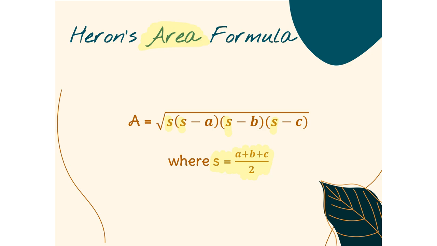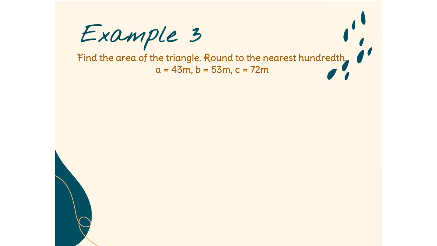So let's go ahead and do the example. It says find the area of the triangle, round to the nearest hundredth. They're only asking us for area. All right, you guys will be given the formula for area, so I'm just going to go ahead and write it at the top. Area equals, let me do a capital A, equals the square root of S times S minus A, S minus B, S minus C. Okay, that is something you're going to be given.